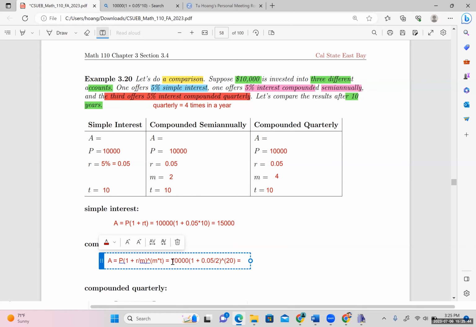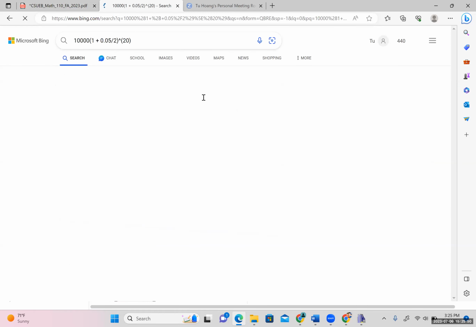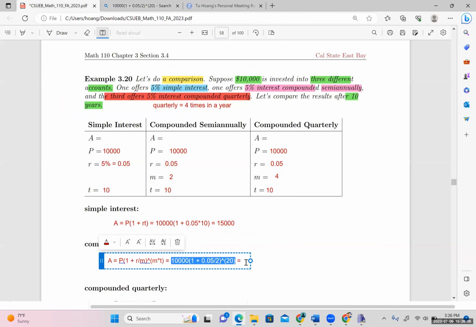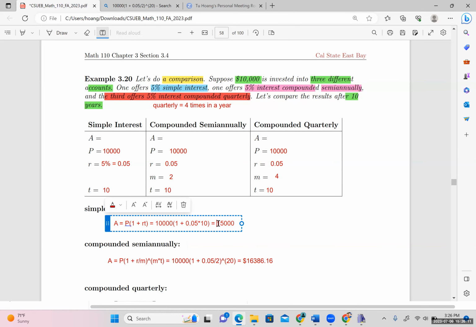So what is that going to be if you use calculators? You will have 16,386.16. You don't round things in between. I should have a dollar sign here, and because I round to 2 decimal places, I have to have that here.